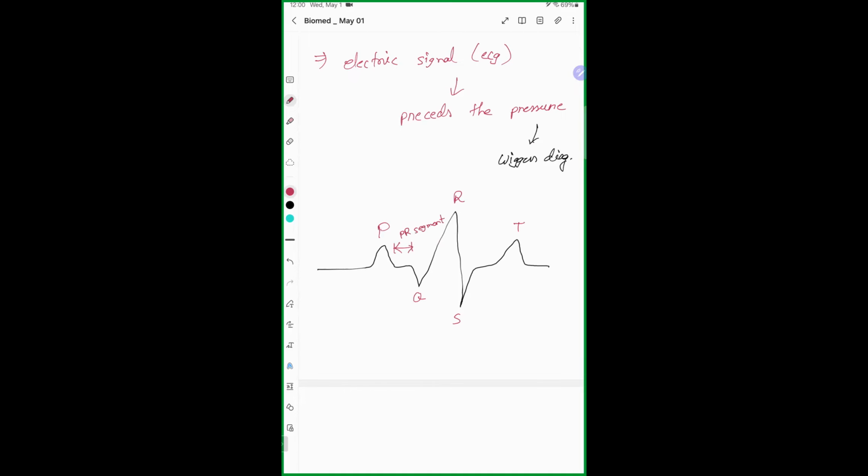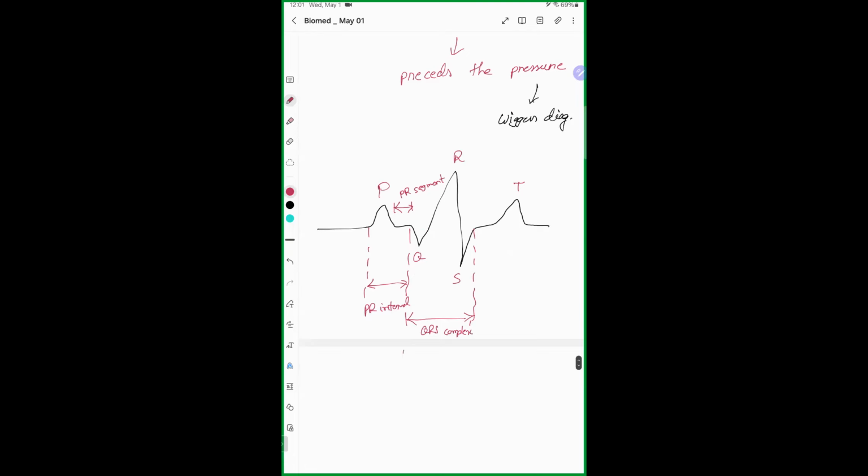And then from the start of the P to the start of the Q is the PR interval. And from here up to this is called the QRS complex. Again, from here up to the end of T, this is the QT interval.